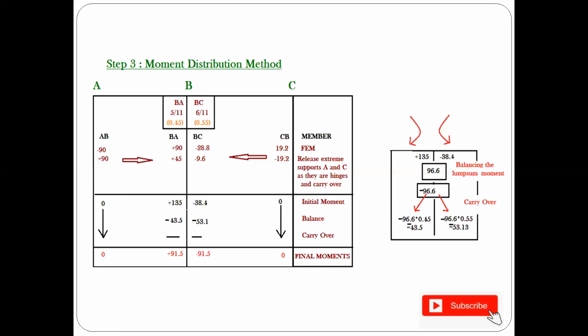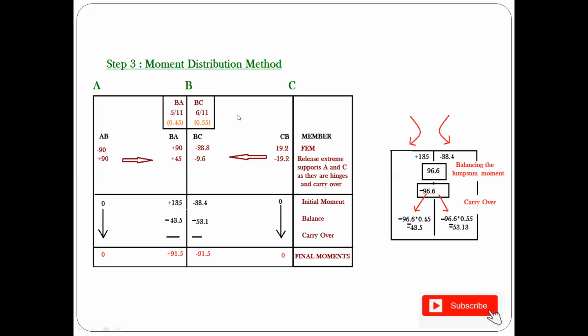So here, minus 90: to make it 0, I'm adding plus 90 to the joint AB. Similarly for the joint CB, I am adding minus 19.2 to compensate your plus 19.2 so that your total value becomes equal to 0. When you do something in one joint, you're supposed to give a partial amount to your neighbor.